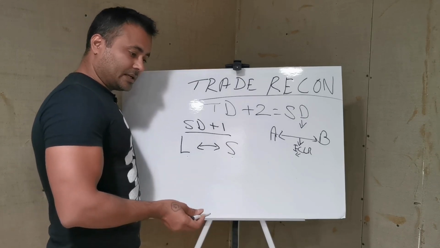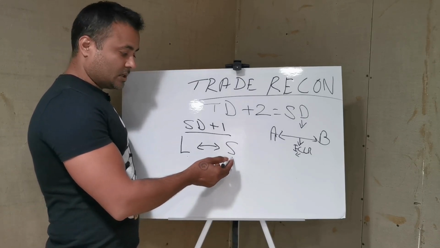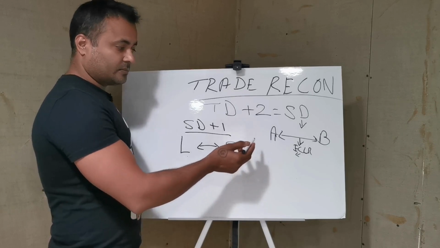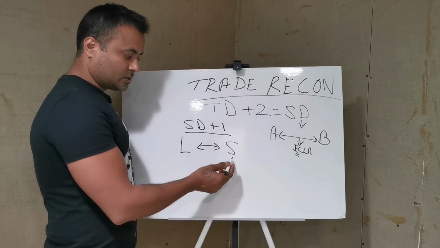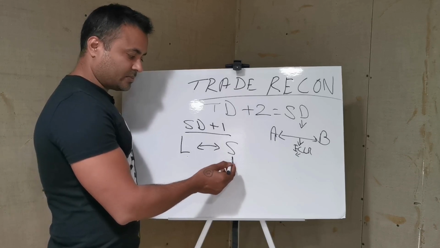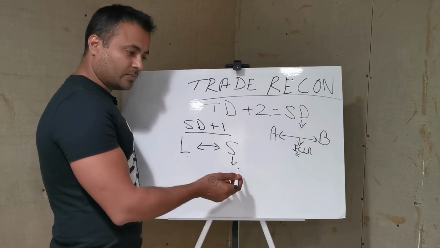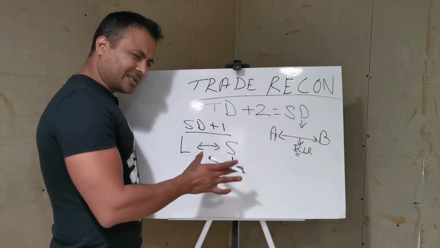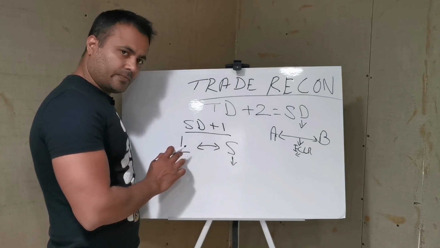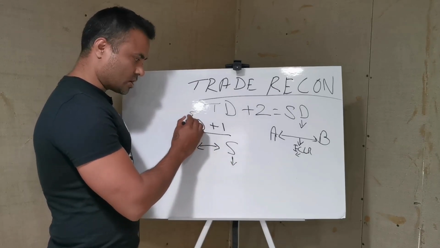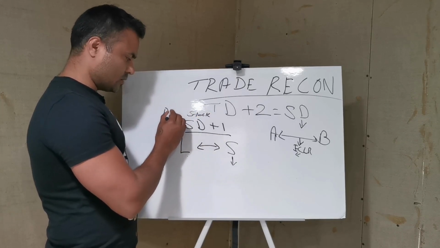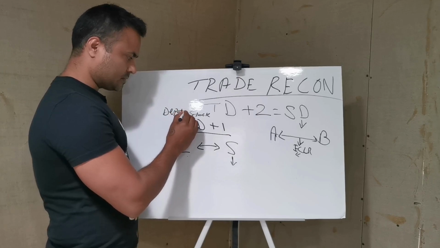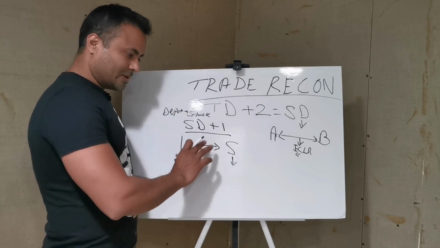Sometimes, for example, there's no statement for your 100 shares, and you see a statement for 100 shares, but a couple of details are missing, like it's not matching with your ledger. I'm talking about the stock, or you can call it the depot.